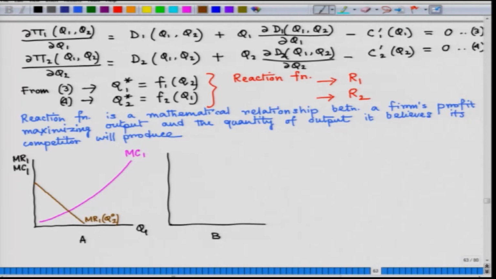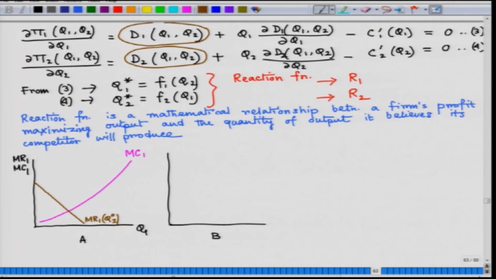So, my marginal revenue is actually a function of the output level chosen by my competitor. Why is this so? Because if you note the demand function, there is strategic interdependence in both the demand functions for these individual duopolists. So, of course, when you derive the marginal revenue from the demand function, then this interdependence will be embedded in the marginal revenue function itself.